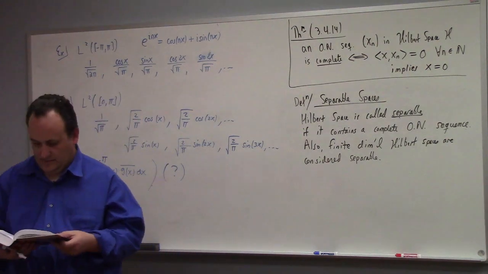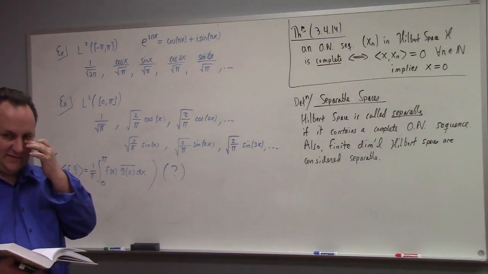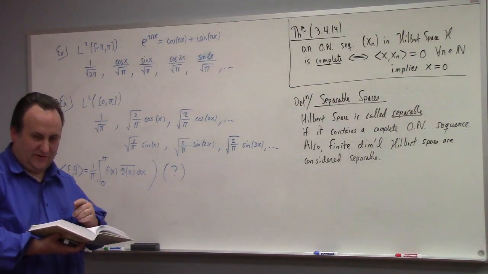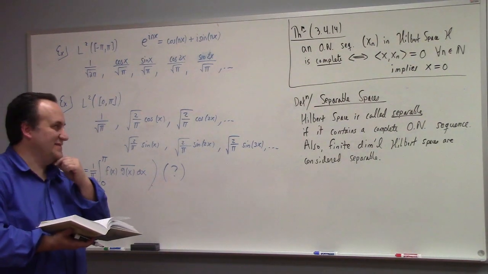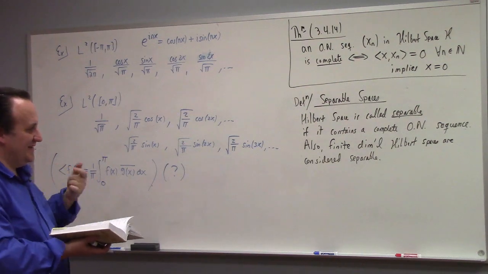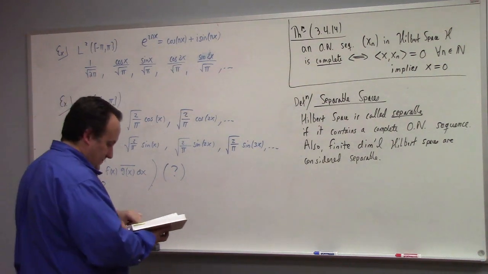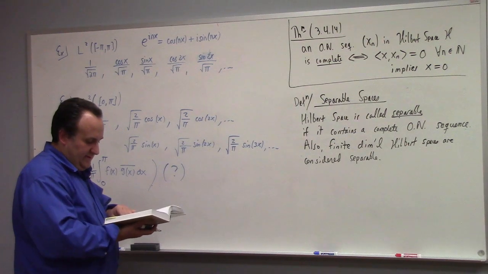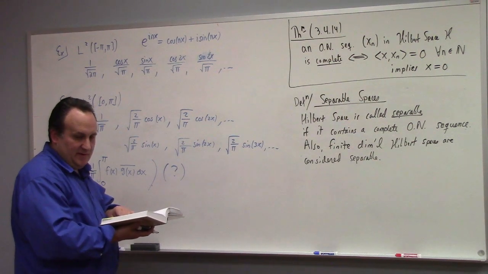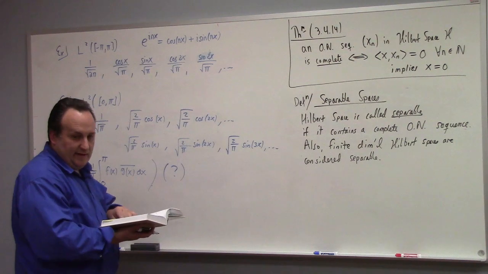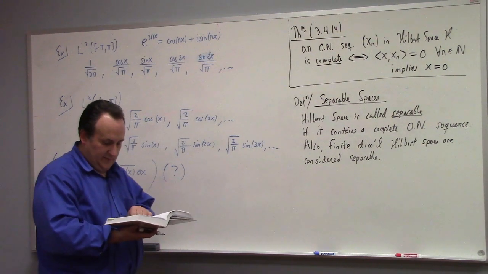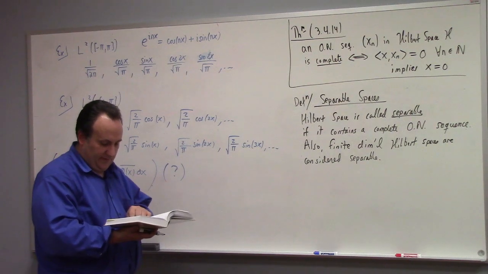So I guess if you allow your sequence to be a finite sequence, then, but usually sequences go on and on, so I guess it's needed to say that separately. All right. And then he starts extolling you with the examples which are separable, right? L2 of minus pi to pi, separable. The space L2, separable.